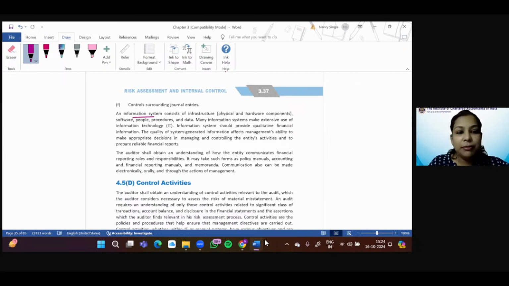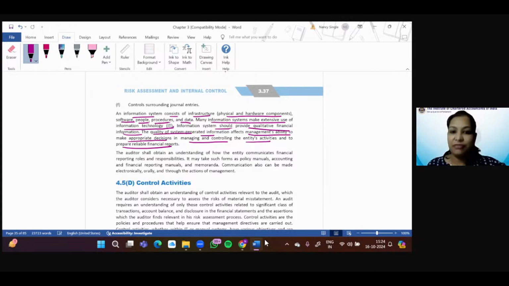So see, an information system consists of infrastructure, physical hardware components, software, people, procedures, and data. Many information systems make extensive use of IT, information technology, right? An information system should provide qualitative financial information. Why? Because the quality of system generated information is going to affect management's ability to make appropriate decisions in managing and controlling an entity's activities and to prepare reliable financial reports.